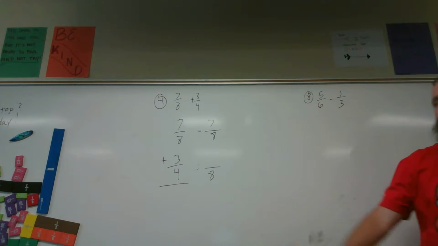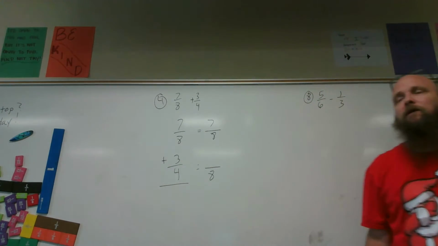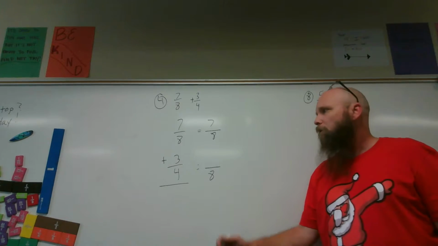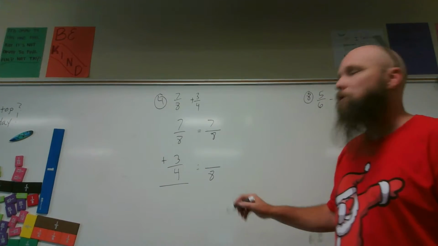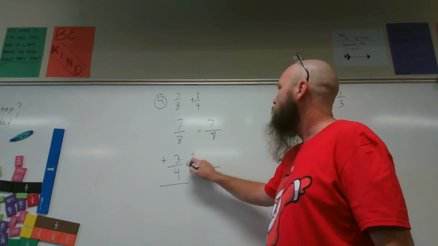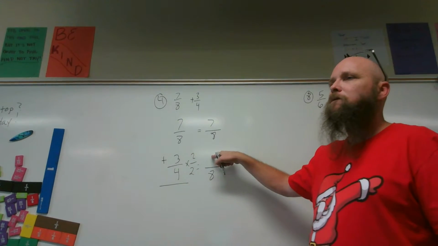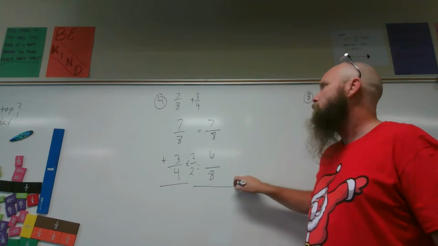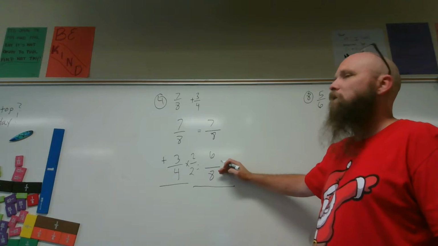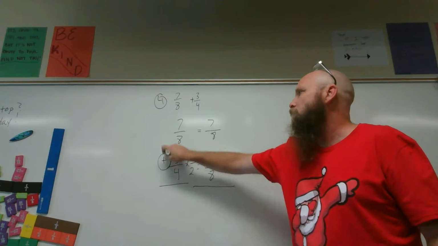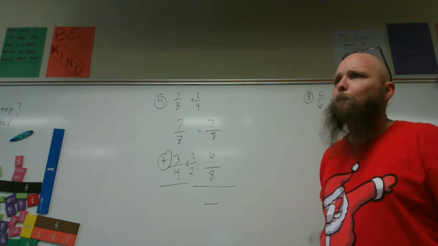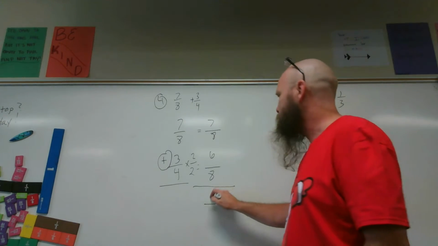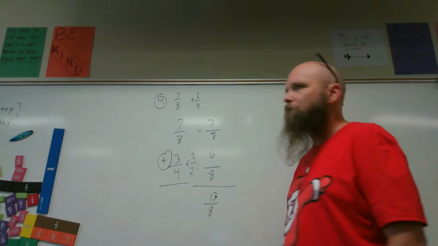What do I have to multiply 3/4 by? 2 over 2. What's my numerator? 6. I have 7/8 plus 6/8, because this is an addition problem. That's going to equal what? 13/8. Is that my final answer?